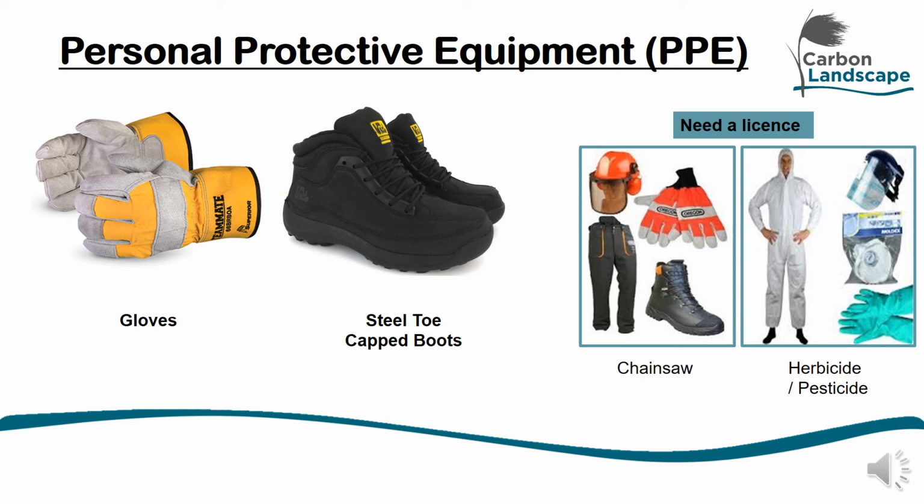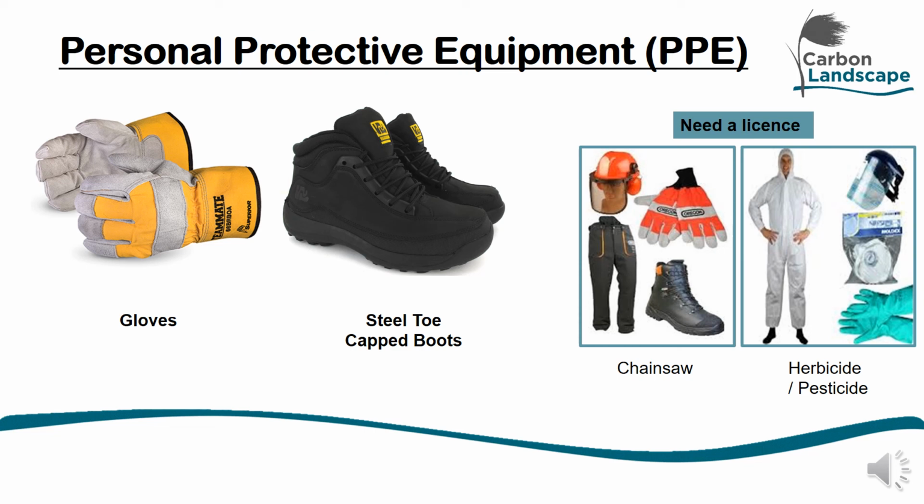So how about us? How do we get started? Well, in the Carbon Landscape, it's always safety first. So we need to wear the correct protection. For instance, gloves to protect our hands from blisters, cuts, stings, grazes. Steel toe capped boots to protect our toes from dropped tools, dropped wood, dropped logs, things like that.